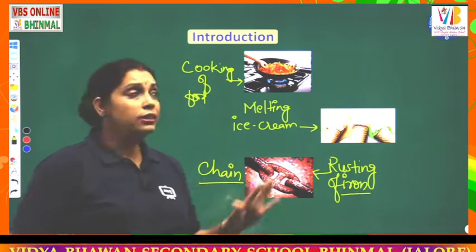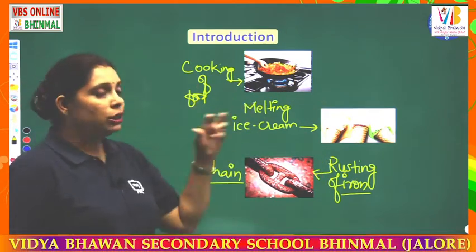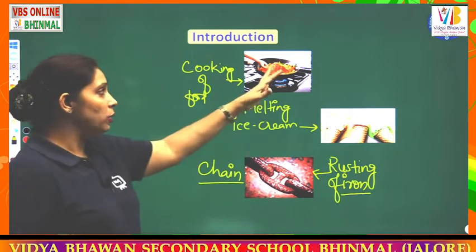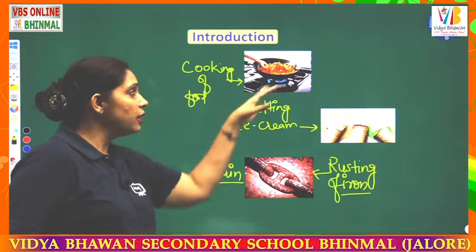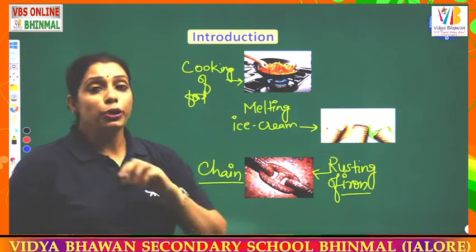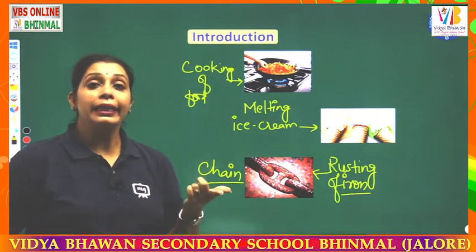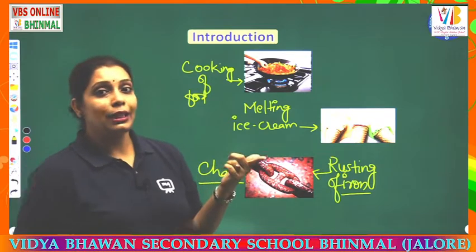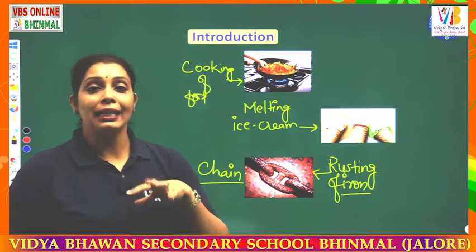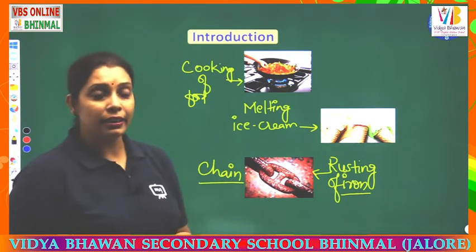Students, in all these examples you can observe different changes. Here there is a total change of raw material. After cooking of food you can't observe the ingredients as they were.